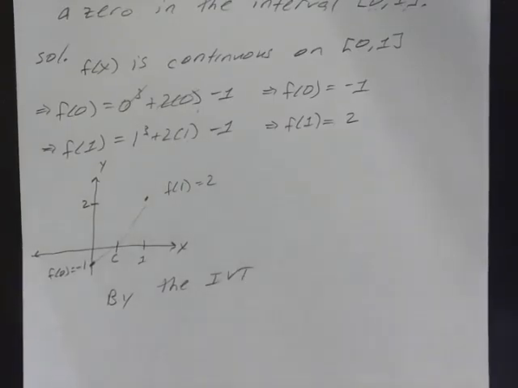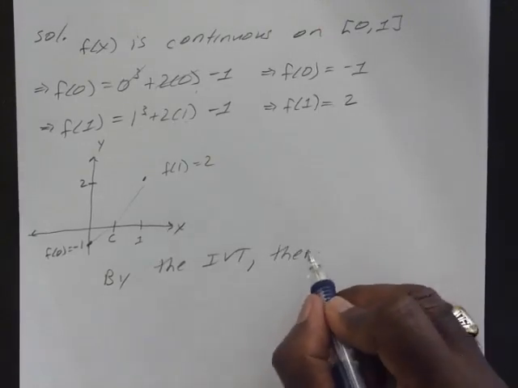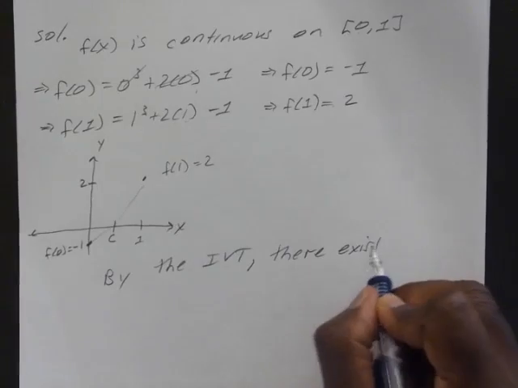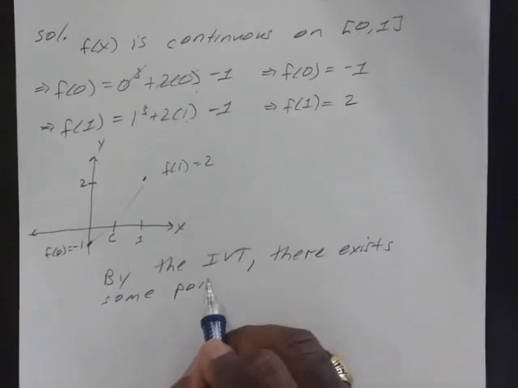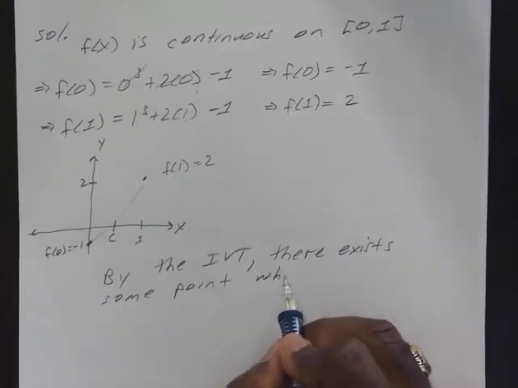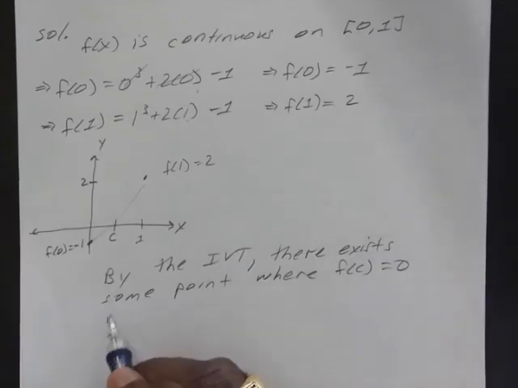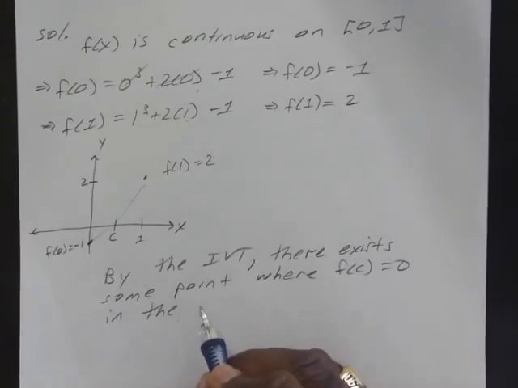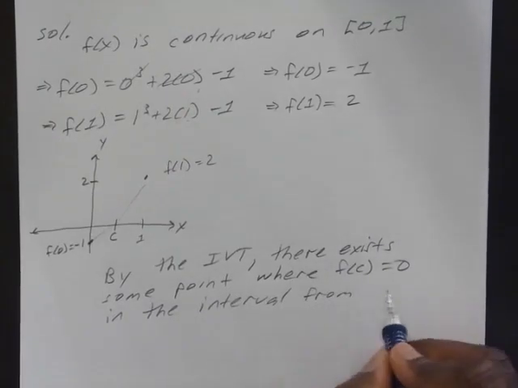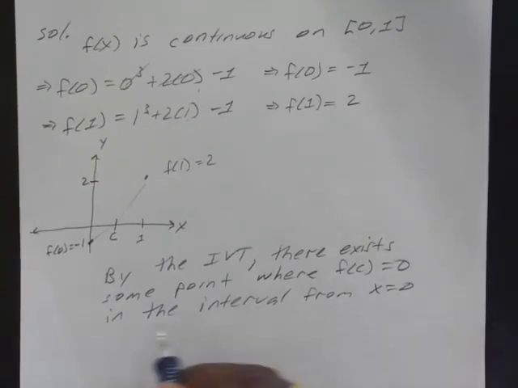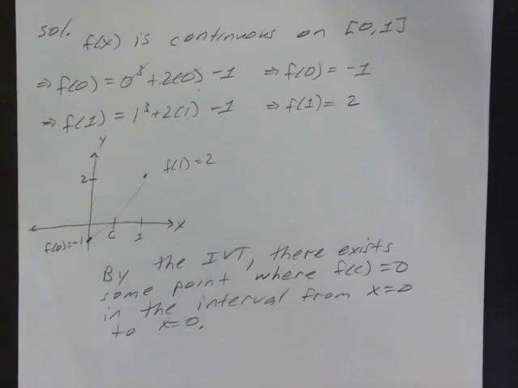So by the intermediate value theorem, there exists some point where f of c equals 0 in the interval from x equals 0 to x equals 1.